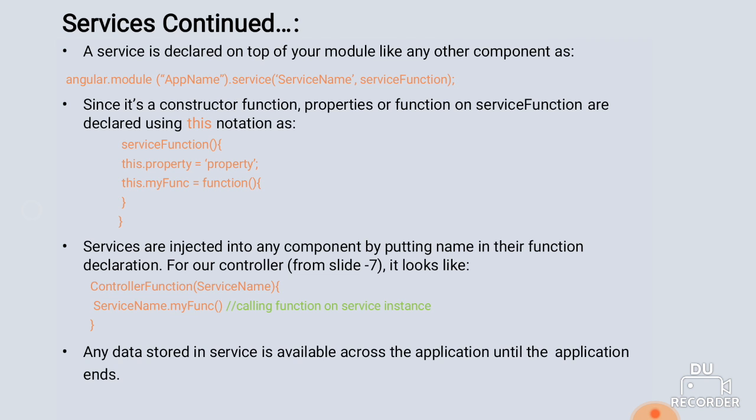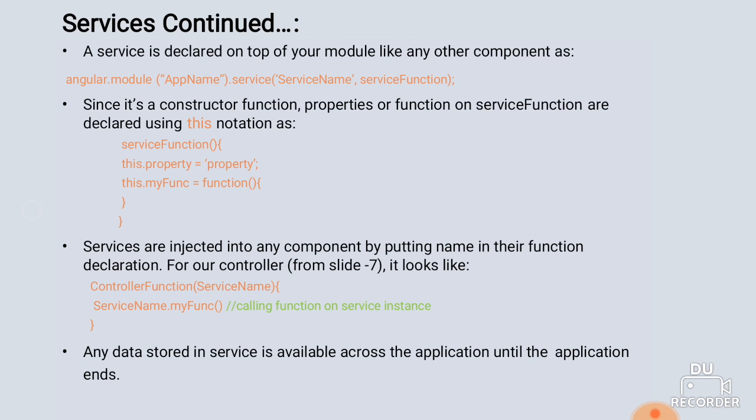Now here comes the concept of dependency injection for using your services. If you remember from our controller slide, you can inject the service into the controller function by using the service name in the arguments of the controller function. So we are providing the same service name to the controller function, and then we are able to use that service inside of our controller.